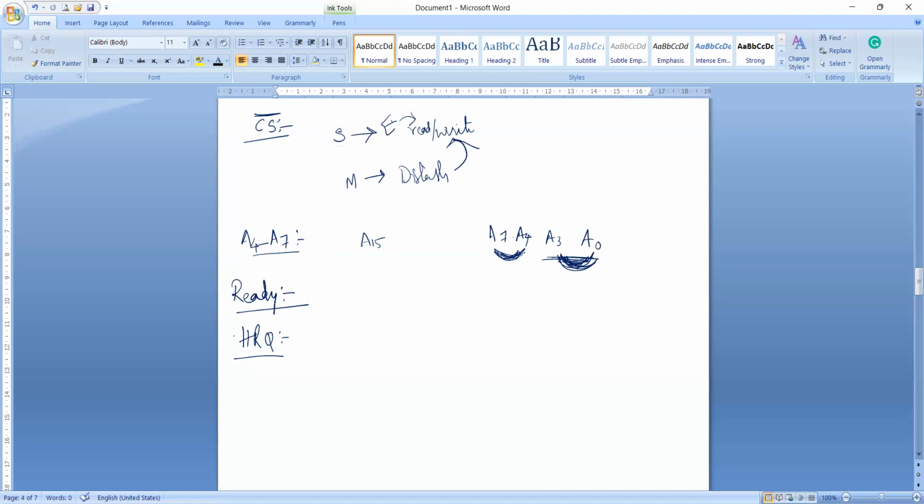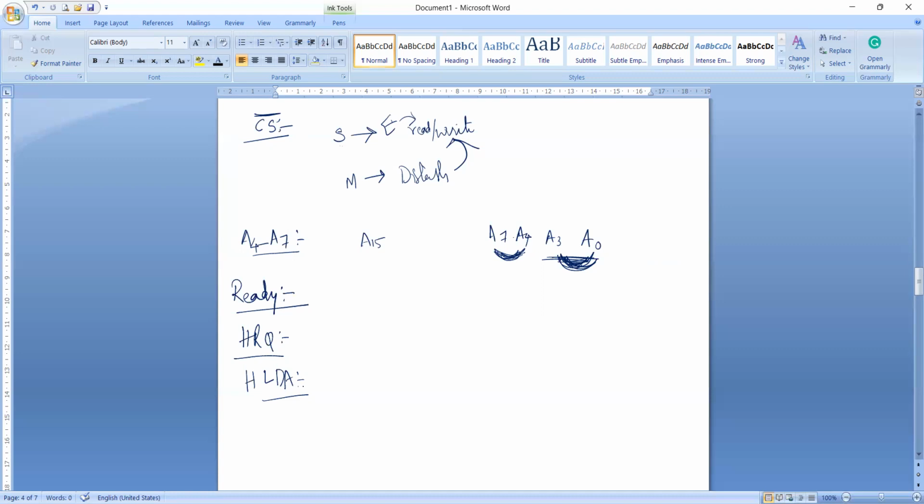And next one is HLDA, the hold acknowledgement signal, which indicates to the DMA controller that the buses have been granted by the CPU to the requesting peripherals when it is set to 1.